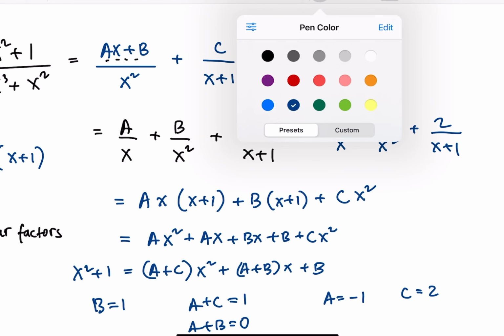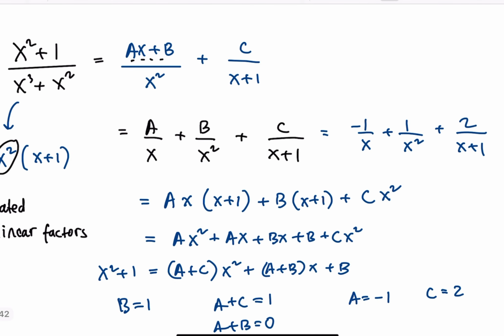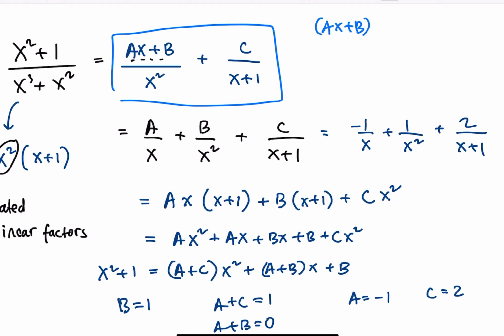Now, however, this part can also be done another way, and I think it's simple enough to try. So we will have ax plus b, and this will be ax squared plus bx plus ax plus b plus cx squared.